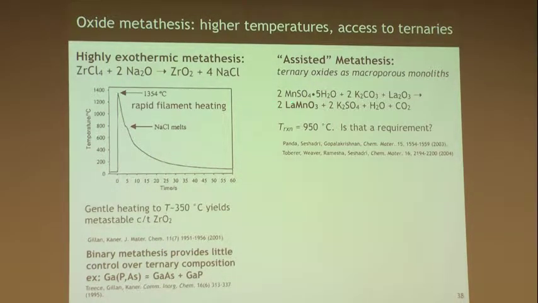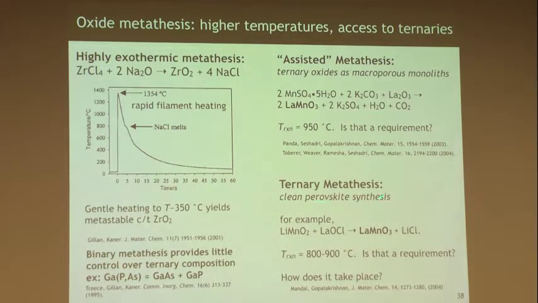So you can take this kind of complicated reaction where you have some manganese sulfate, react it with potassium carbonate and lanthanum oxide to make lanthanum manganese oxide, and you're making this salt as a byproduct. And then you're also gaining some driving force from entropy by making gaseous water and CO2. So that can somehow pull the reaction along. But you have to heat it up to about 950 degrees Celsius.